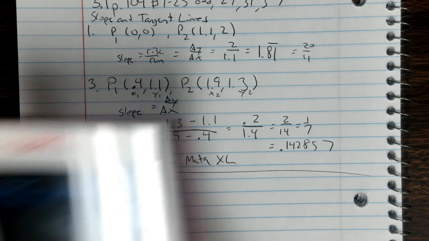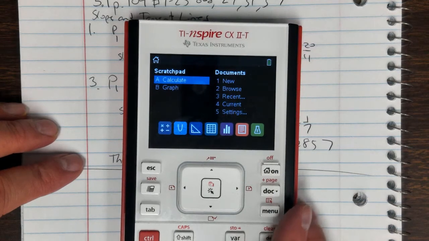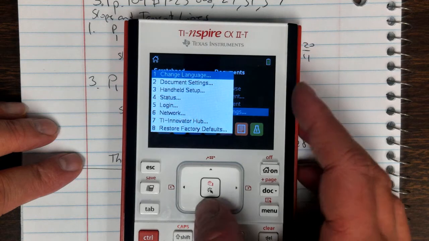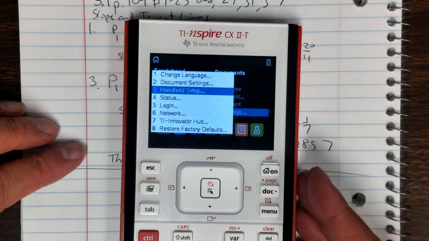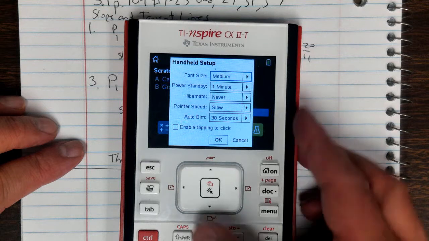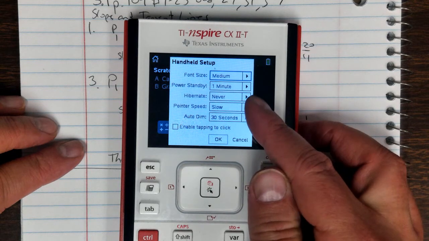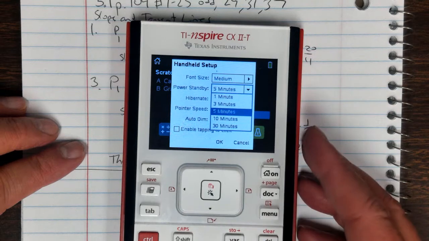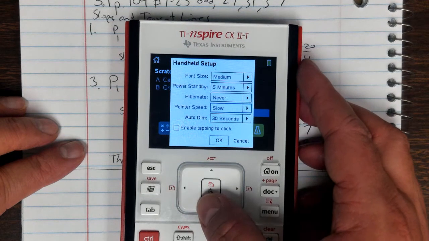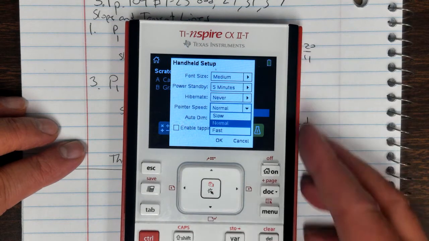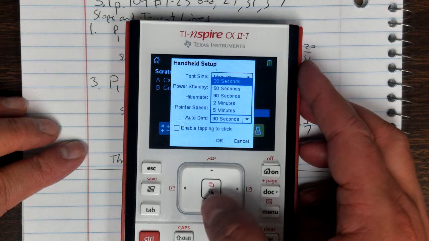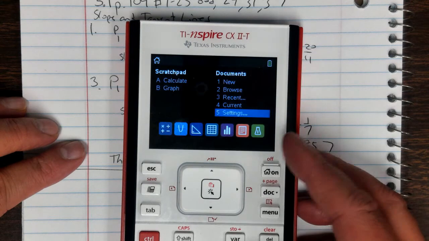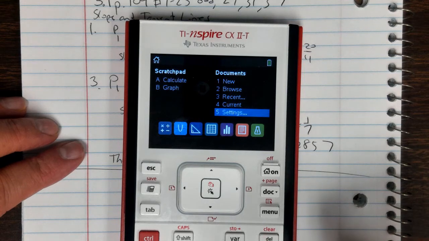Okay, so for settings on your calculator, you can go to handheld setup, which is number 3, and this is where you can change your power standby to be 5 minutes. I want my pointer speed to be normal. I want my auto dim to be 5 minutes also, and I like to enable tapping to click.